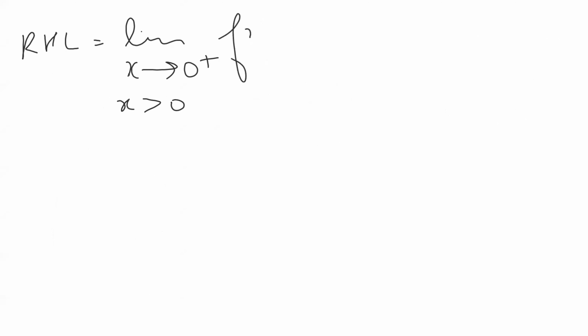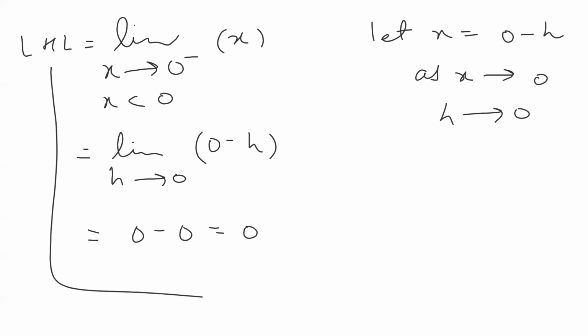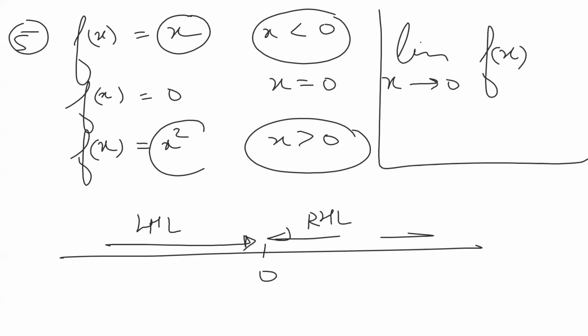RHL, limit x approaching 0 plus, x is greater than 0. 0 plus indicates RHL, meaning the right hand side limit, where x approaches the value 0 from the right hand side. f of x will be replaced with the function for values greater than 0, so we'll write x square.